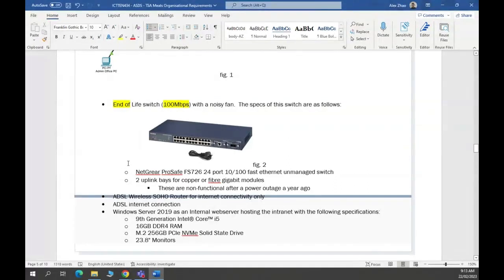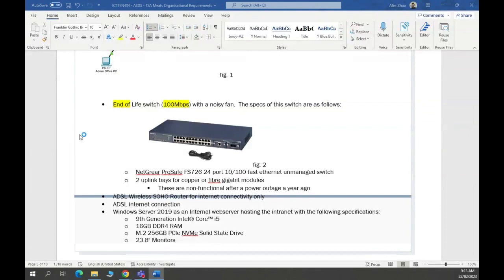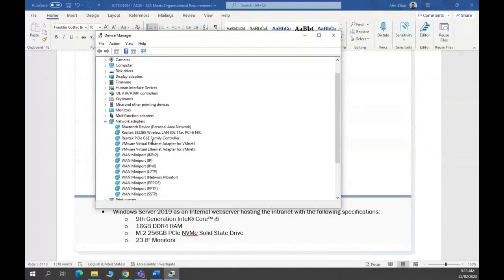1 gigabit. Okay, so if you look at all of these computers in front of us, if we go to the device manager, the minimum these days on a LAN on every computer is pretty much a gigabit controller, a gigabit network interface card.